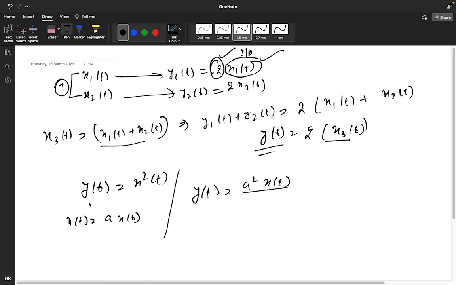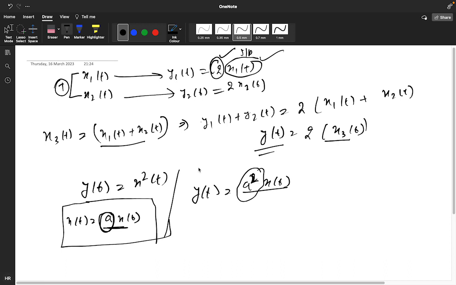Okay, you had scaled your input by a, but your output is scaled by how much? a square.